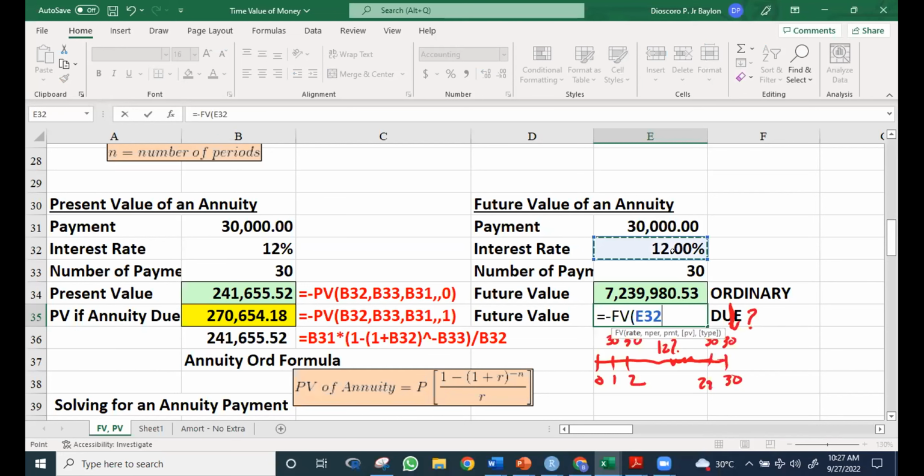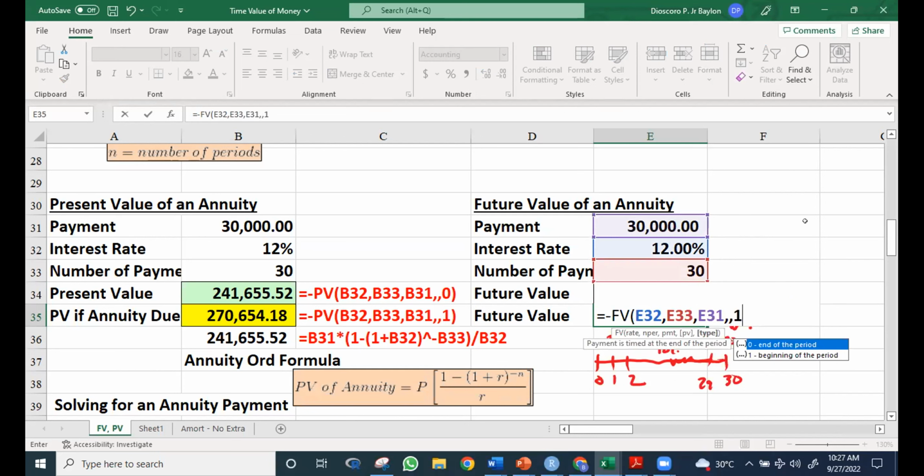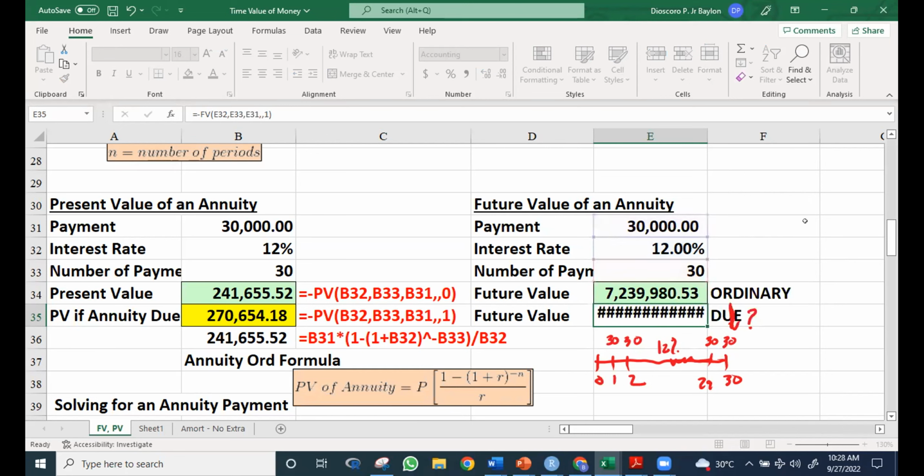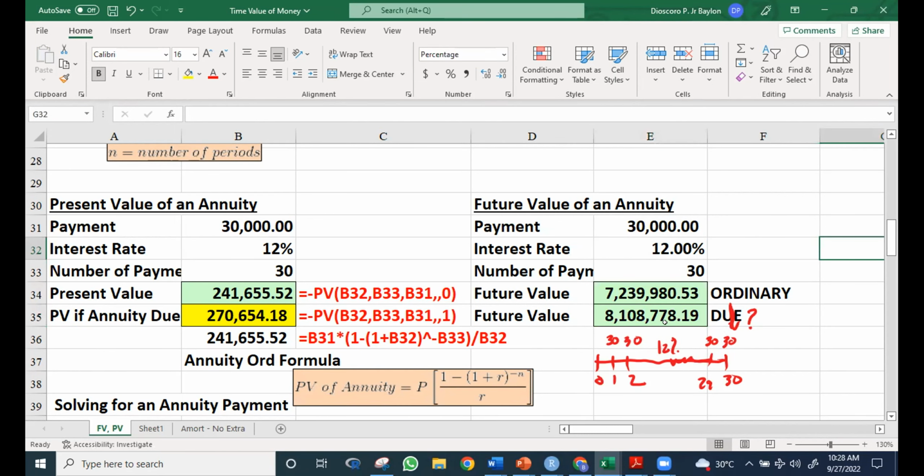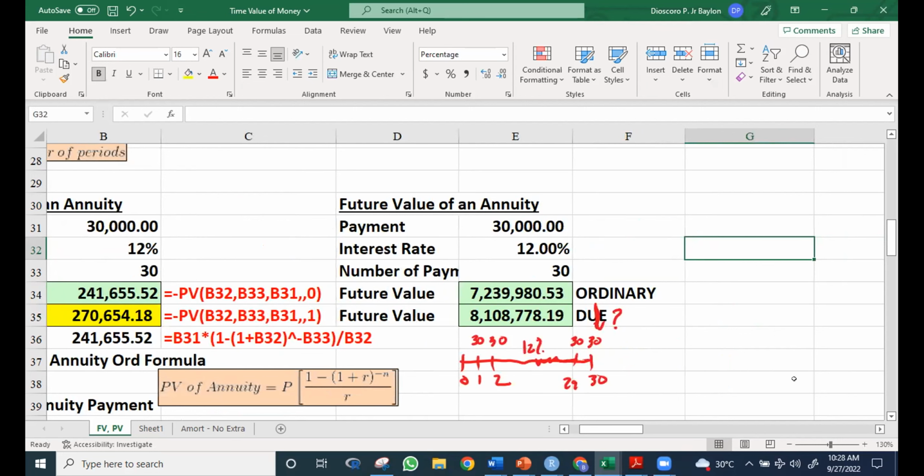So rate is 12%, NPER is 30, PMT is 30,000, no PV, and the type is 1, because this is annuity due, and we expect the future value to be bigger. Control Enter. There. 8.1 million, greater than the ordinary annuity.